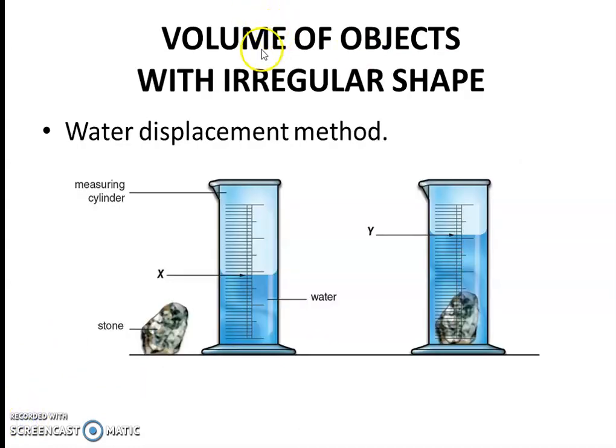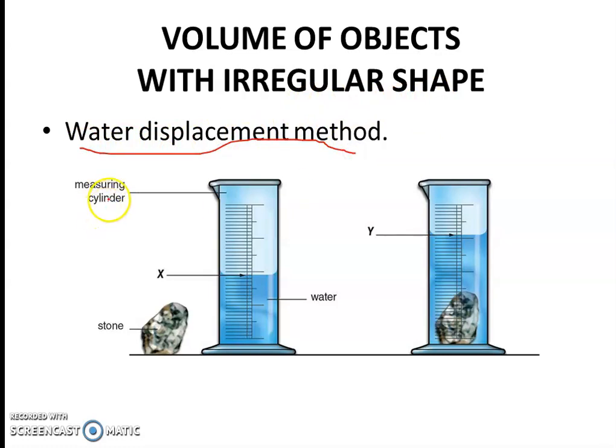Previously we have seen volume of solids. Here also we are going to see volume of solid, but of irregular shape. What will we do if it has an irregular shape? How will we find the volume of the solid? So we have a method called the water displacement method.